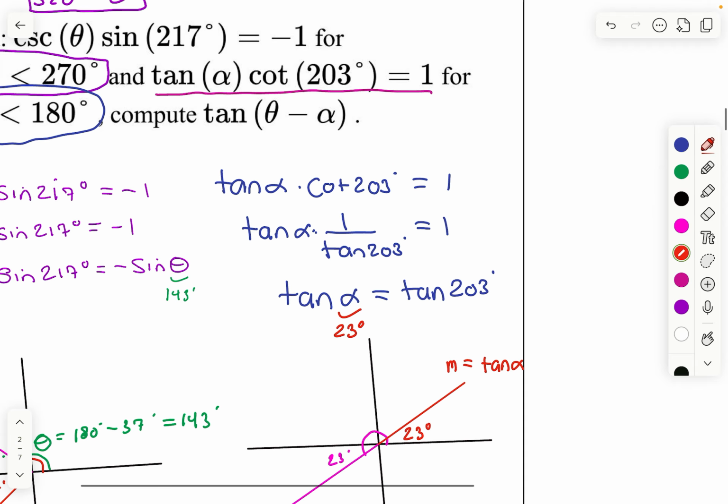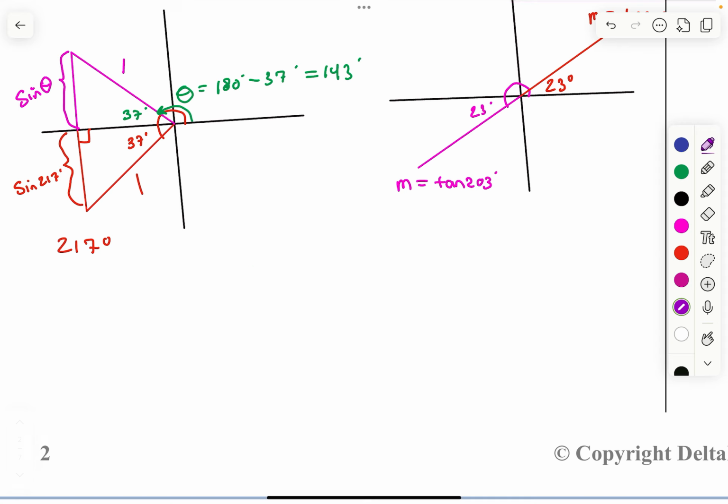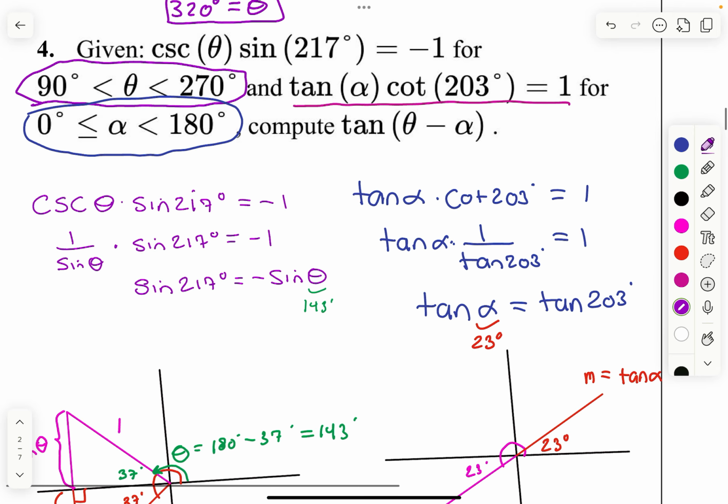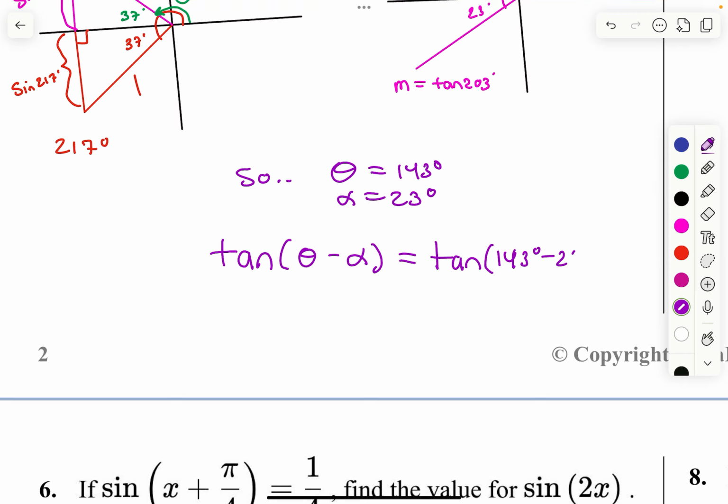So I know that theta is 143 degrees and alpha is 23 degrees. So if I have to compute tangent of theta minus alpha, that would be tangent of 143 degrees minus 23 degrees, which is the tangent of 120 degrees.